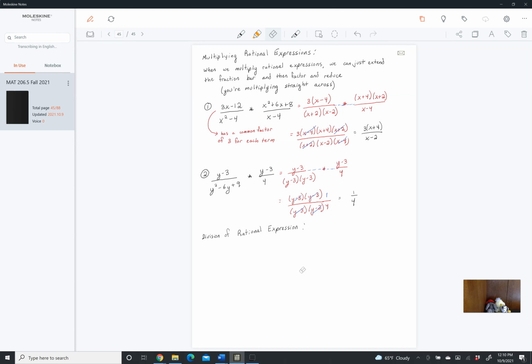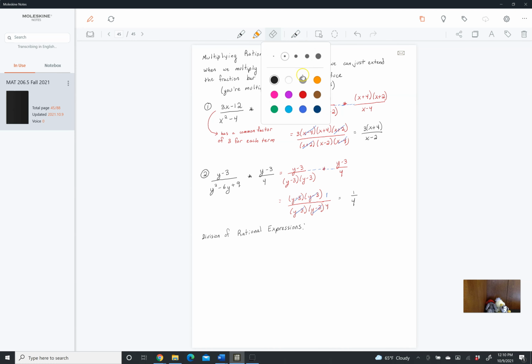The extra step here is that you need to get rid of a denominator. That's because division of rational expressions will get you this complex fraction where you have a fraction within a fraction.